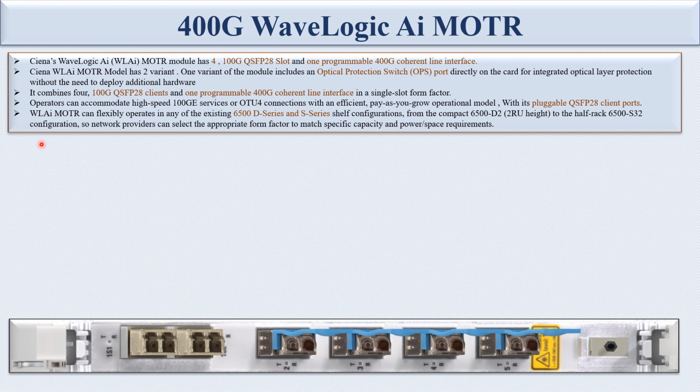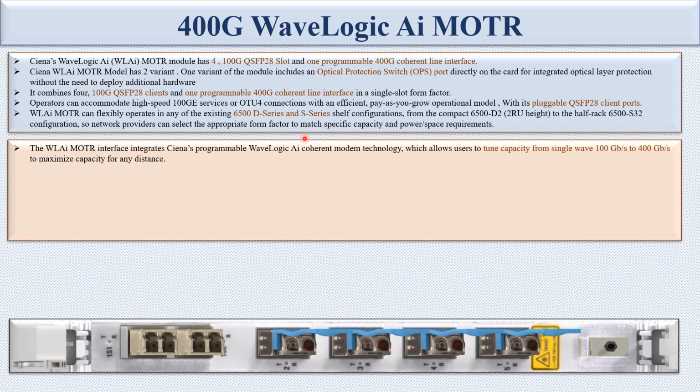WLAI MOTR can flexibly operate in any of the existing 6500 D series and S series shelf configurations, from the compact 6500 D2 to the half-rack 6500 S32 configuration. So the network provider can select the appropriate form factor to match specific capacity and power space requirements.